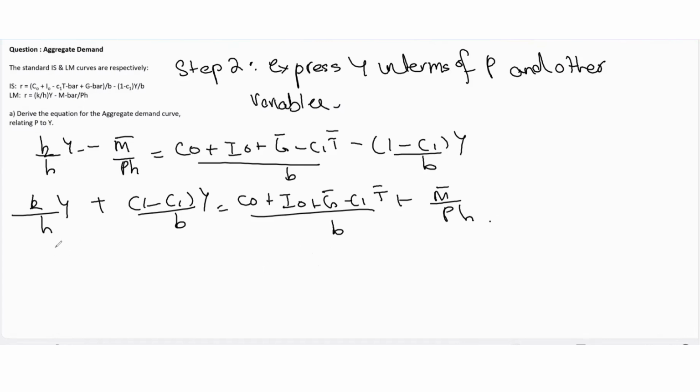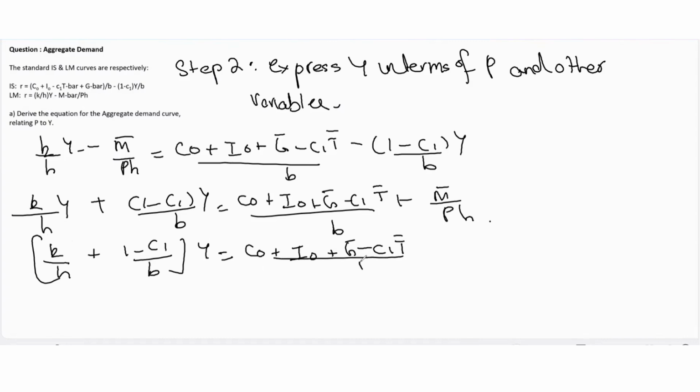Now if we simplify this, this becomes (k by h plus (1 minus C1) by b) and we factor out a Y here. And this just becomes (C naught plus I naught plus G bar minus C1 T bar) by b plus M bar by h times 1 by P, right? So now we can make Y the subject.